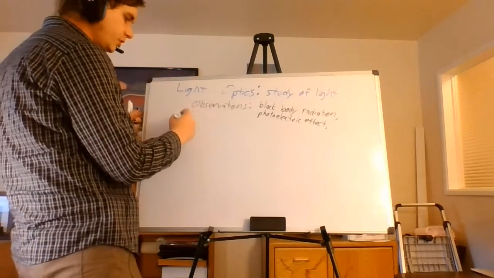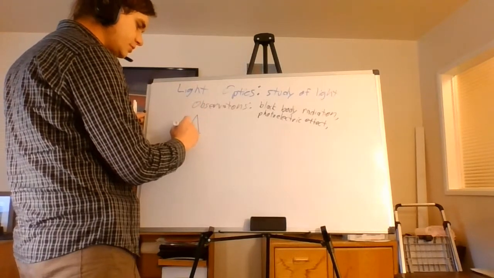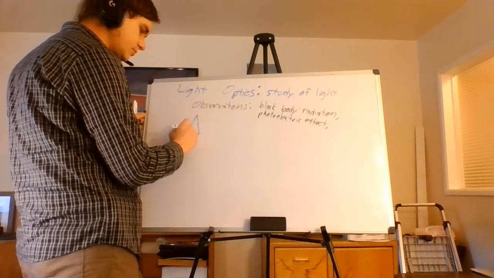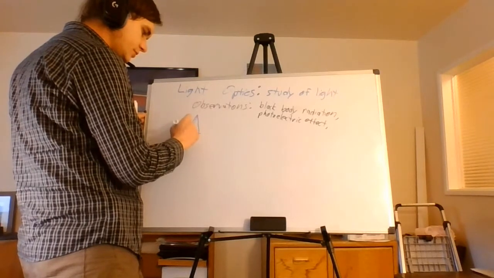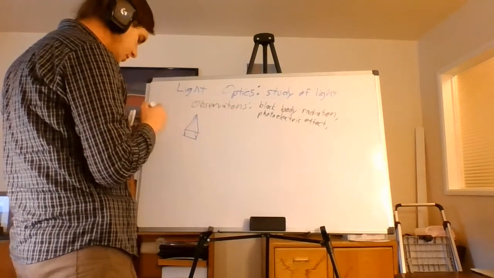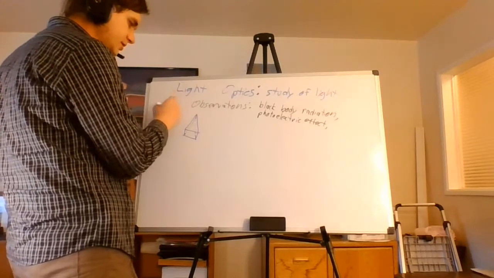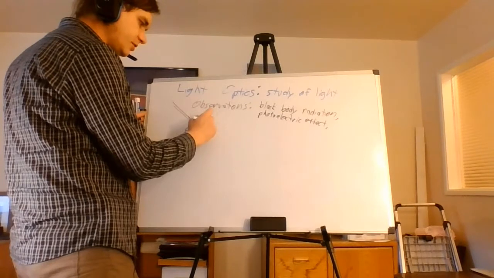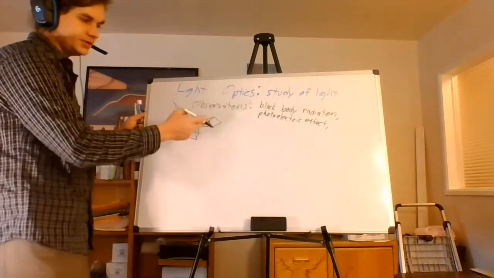So you remember how with Newton, we said that he had his prism and he shined light through it, and what he got out on the other side was the spectrum, right?